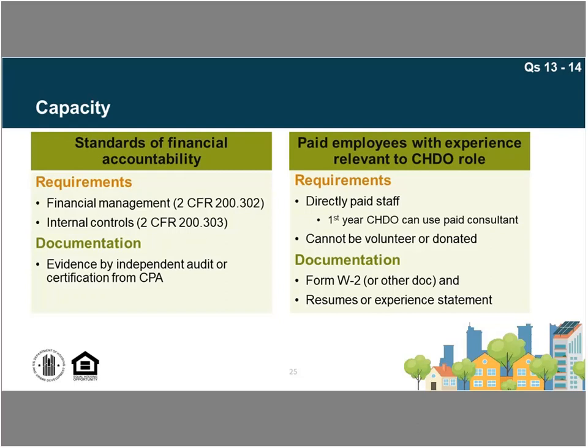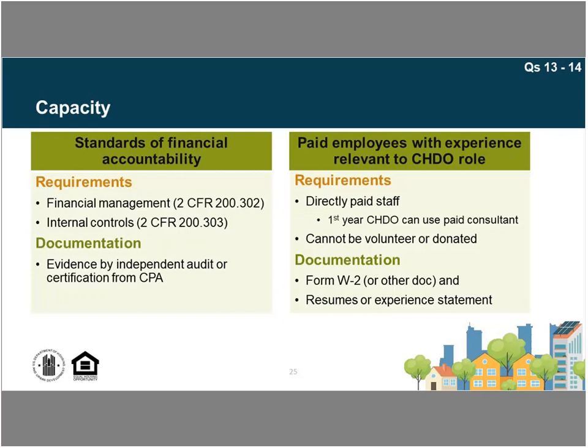I don't have time to go back into those topics today, and I covered them last week, but essentially the CHDO has to be able to certify that it can meet those federal standards, which usually becomes evident either through an independent audit or a certification from the CPA or other qualified person to certify to the PJ that the CHDO can in fact manage the federal funds consistent with those standards that are in 200.302 and 303.